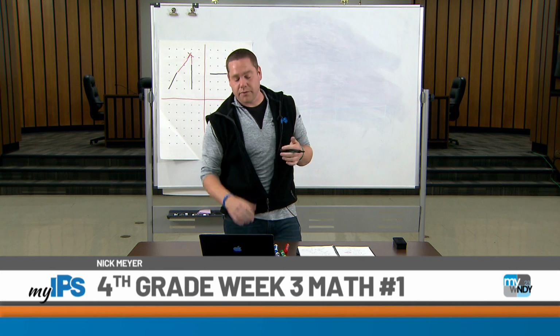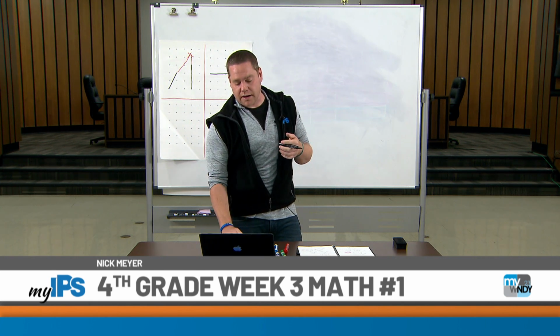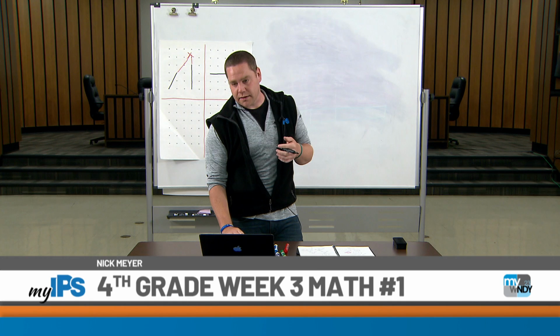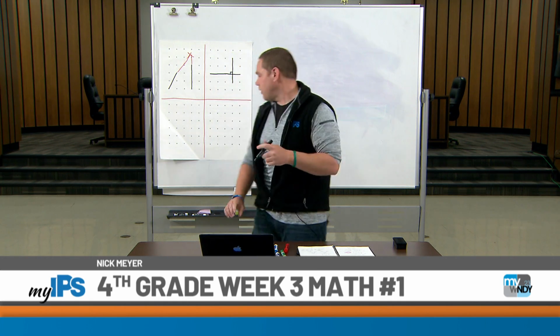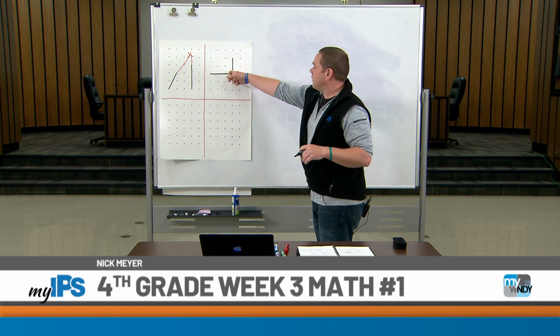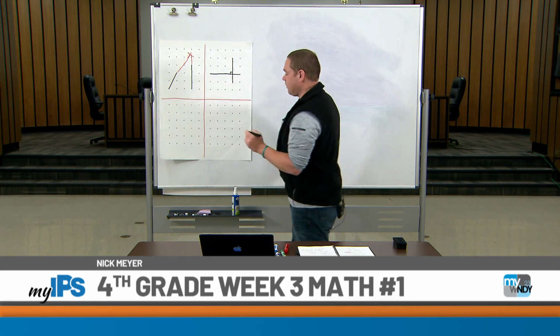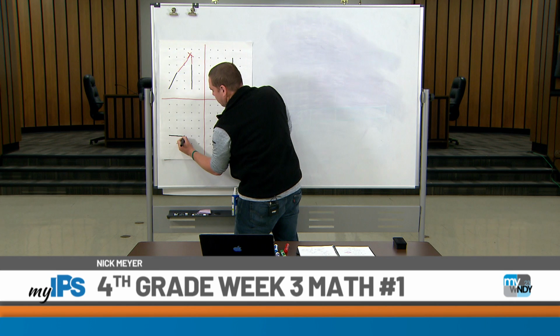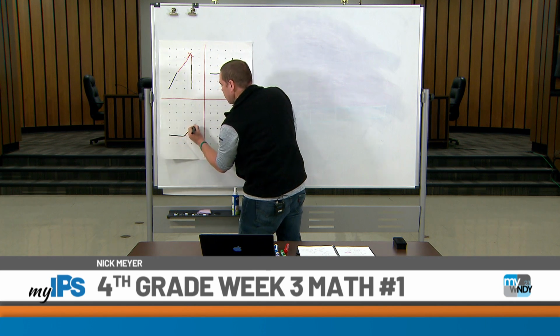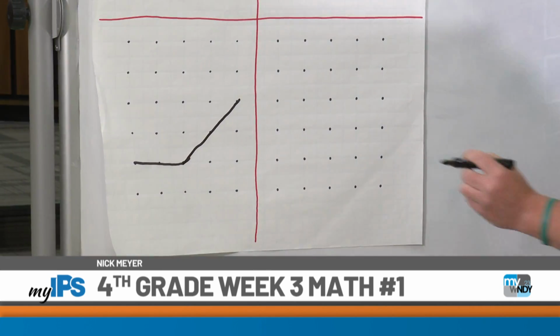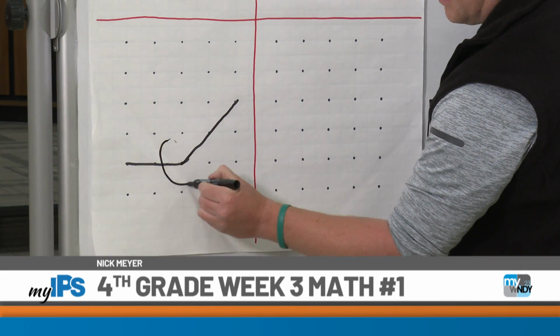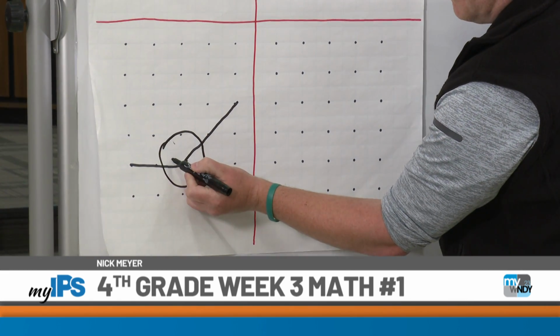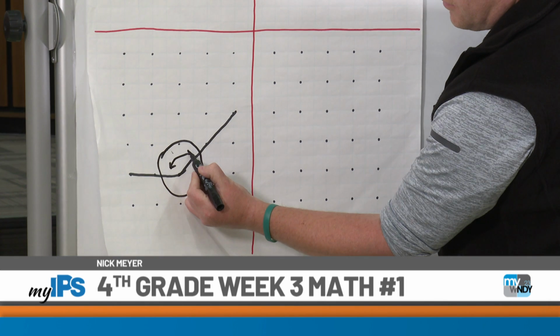Your next one is on there: make a right angle, make an obtuse angle, and make an acute angle. I'm not going to give the right angle because you know right angles off of this. An obtuse angle opens up greater than 90 degrees, or if we look at it as a circle, it's going to be more than 1/4 of a circle.